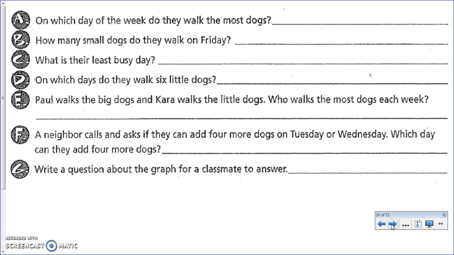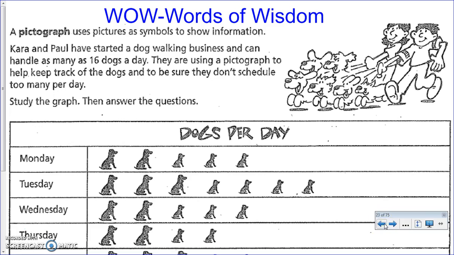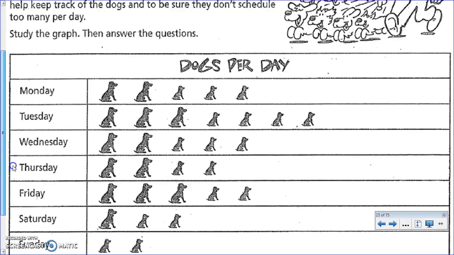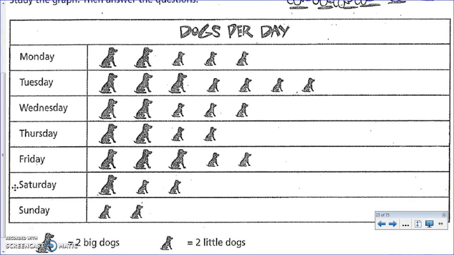So with the questions, starting with A, on what day of the week do they walk the most dogs? If we look back at the graph here, we can see that Tuesday has the most number of dogs on it.